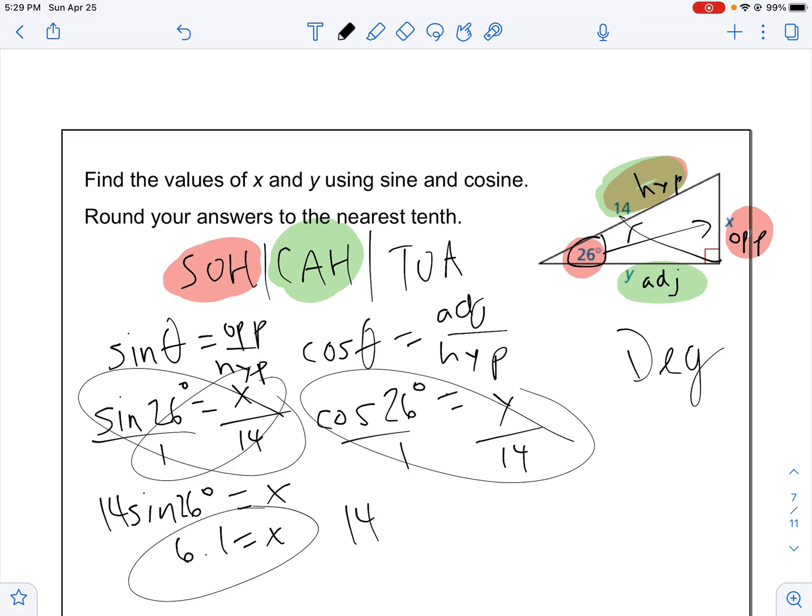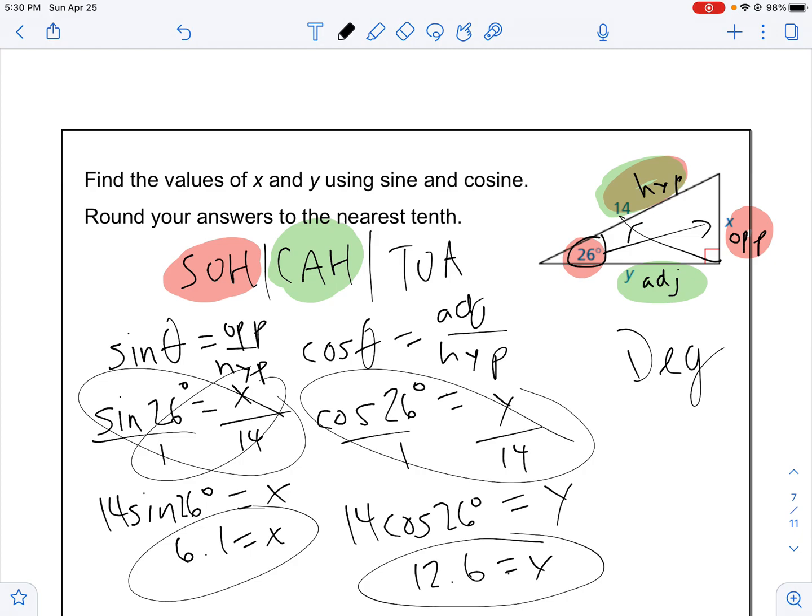Cross multiply and you get 14 cosine 26 equals y. Our variable is by itself, so we can just plug that right in. 14 cosine 26 equals 12.6.